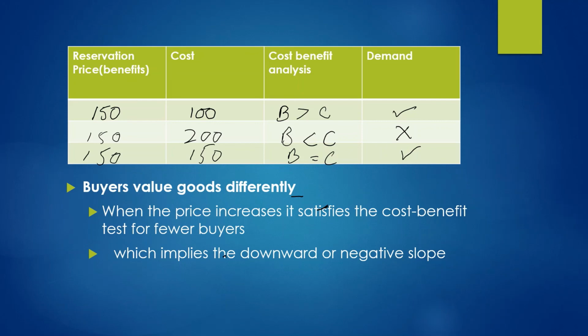Buyers basically value goods differently. When the price of a good, which is the cost of the good, increases, then it satisfies the cost benefit test for fewer buyers, which implies a downward or negative slope, meaning that different buyers have different reservation prices.